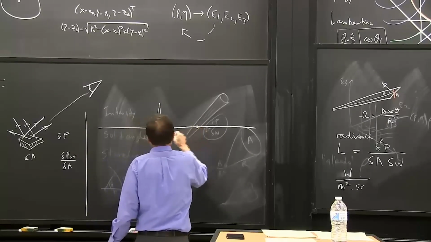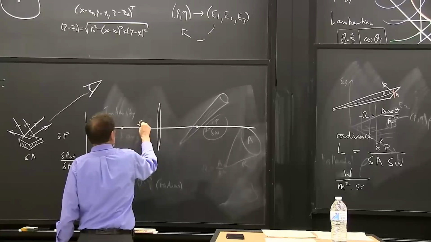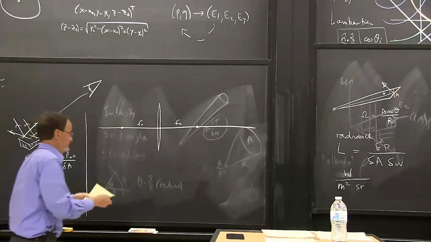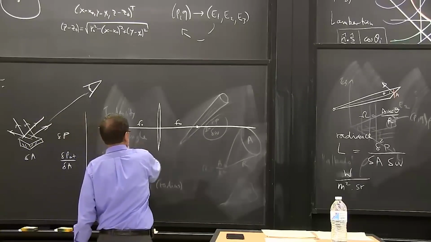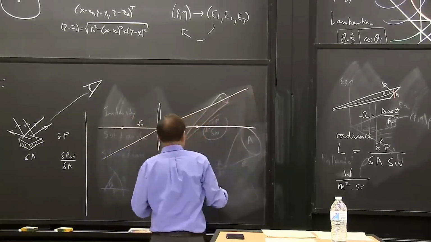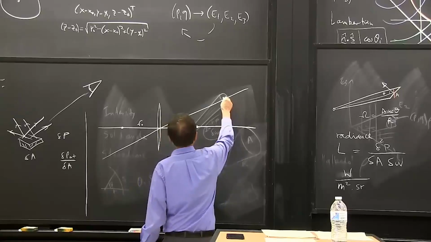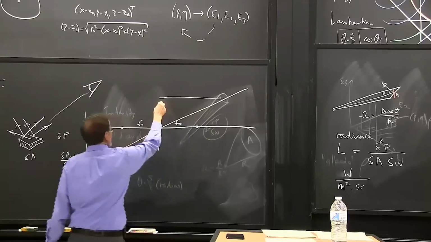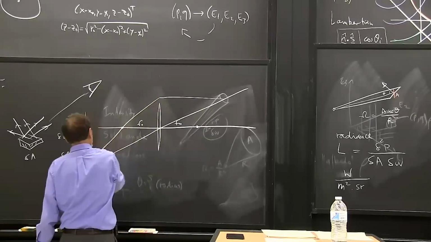So we have these two special points, one of which is one focal length ahead and one is one focal length behind. And we have a central ray. And let's see, so then that's parallel, and it's going to go through here.